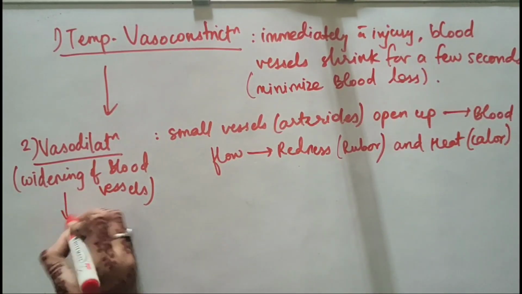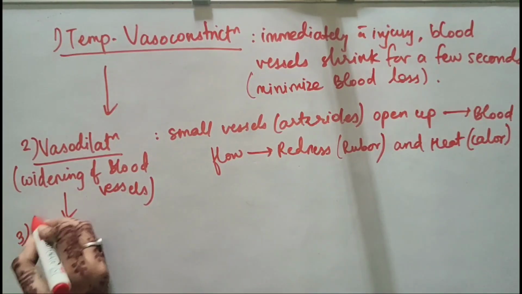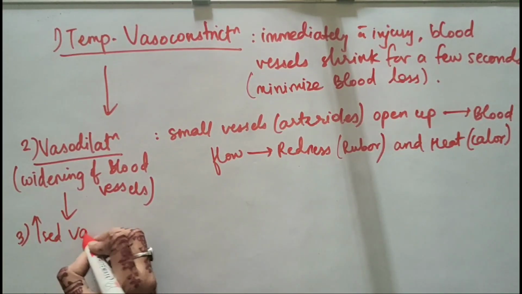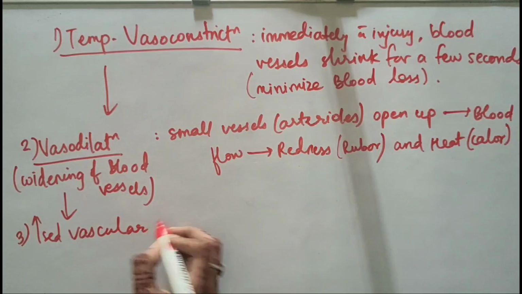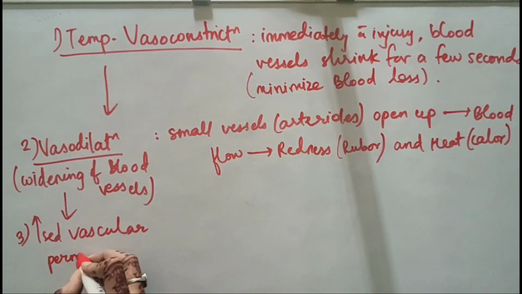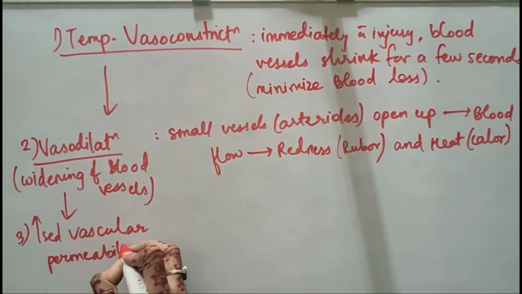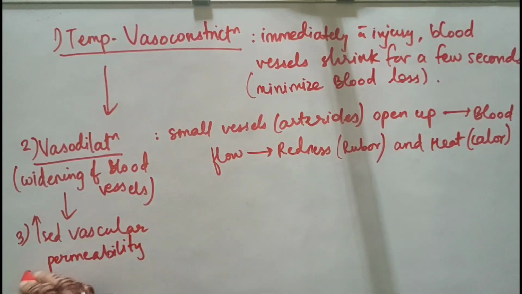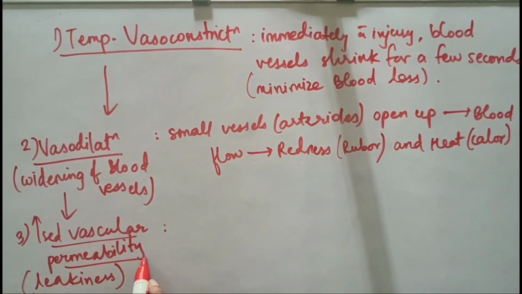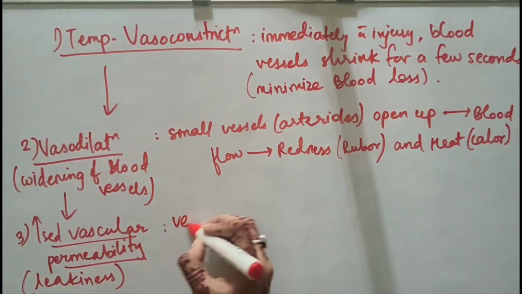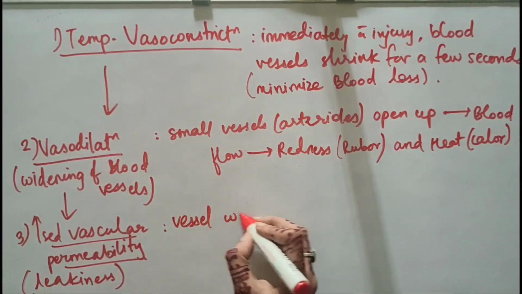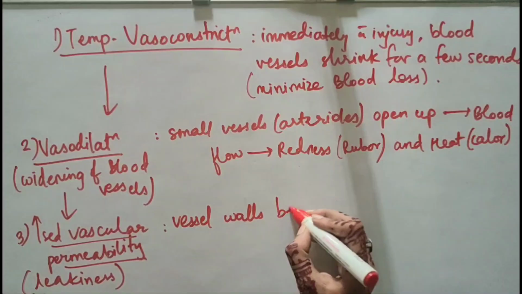Then we have the increased vascular permeability, which is also known as leakiness. What happens over here is the vessel walls become leaky.